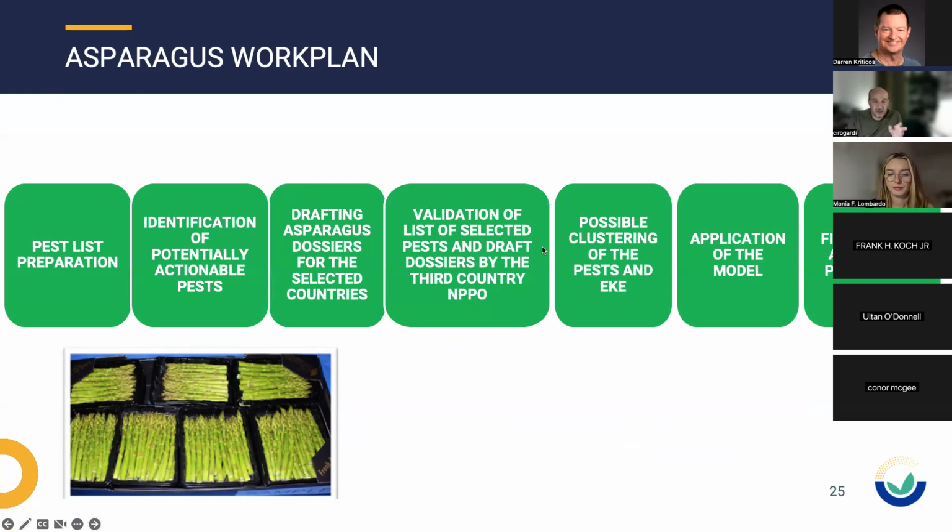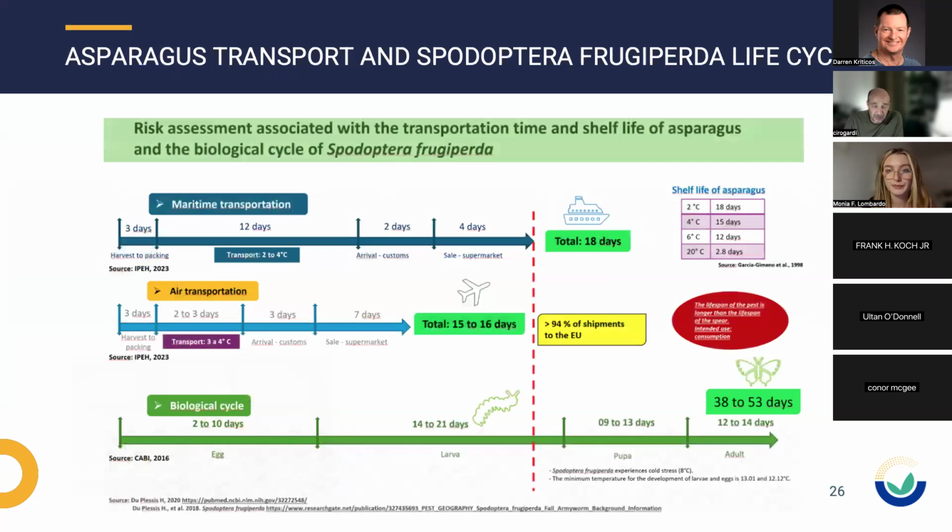But I go quick on this slide because you will see a similar slide presented by Monia when she, in a few minutes, will present the methodology that EFSA adopted for performing commodity risk assessment. There is this last slide on asparagus that shows essentially the supply chain of asparagus from the mainly Latin American exporting countries.